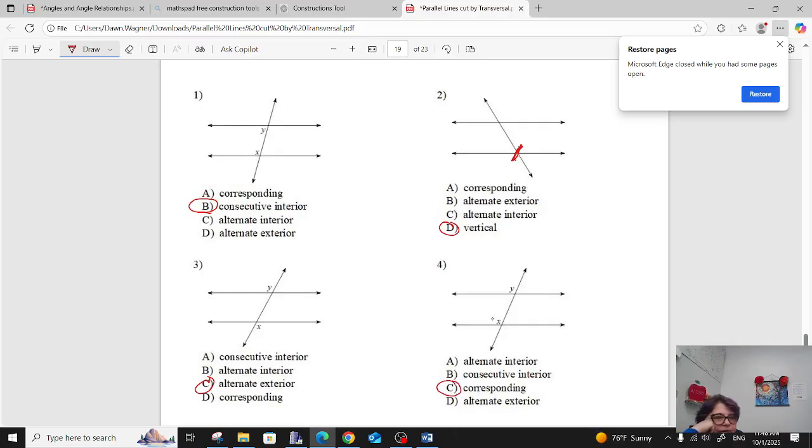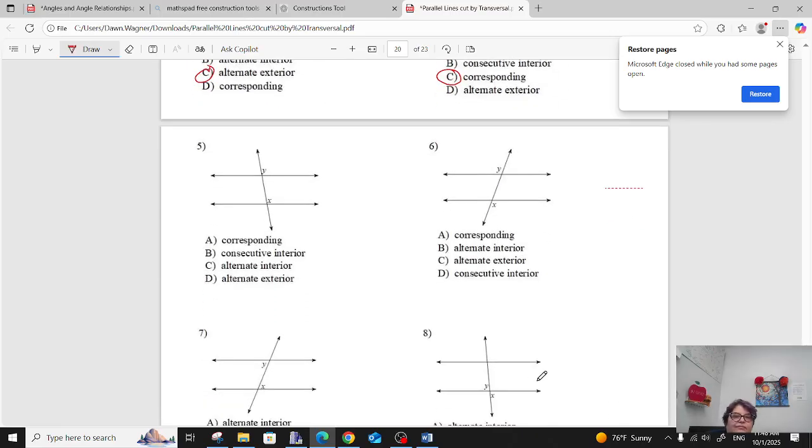Upper left, upper left. What about number 5? Corresponding again.